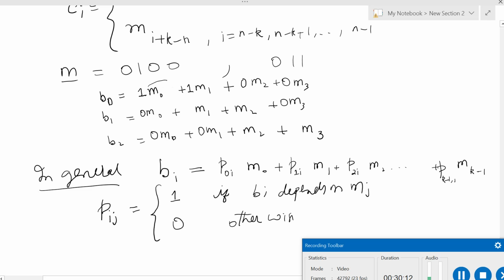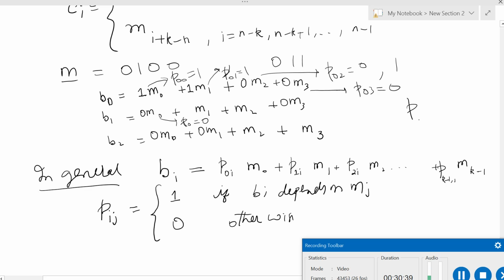Like here, this we can treat as P00, right? It is 1. So here P01, it is also 1. But here P02 is 0. And here P03 is also 0, right? So here it is P10 is 0.